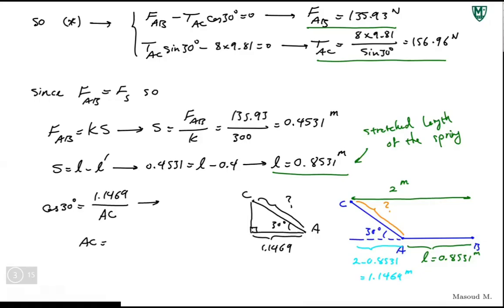I'll just give you the final answer. AC becomes 1.1469 divided by cosine 30 degrees. And from there you'll get, just double check, 1.3243 meters. This is what the problem was asking you to find.